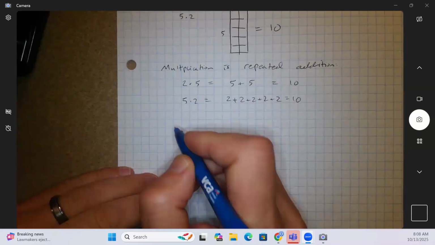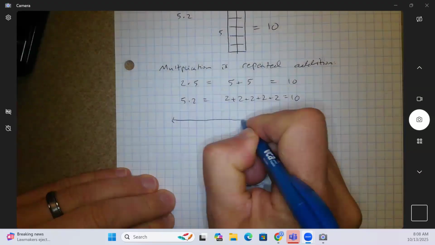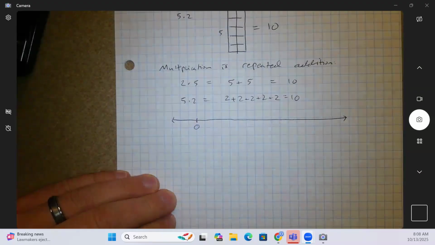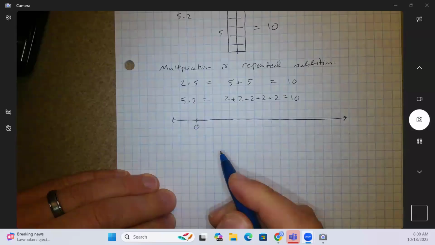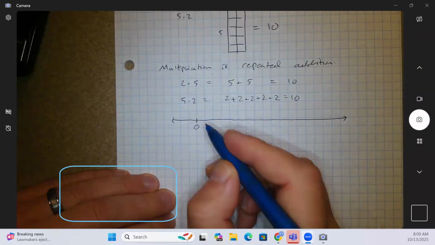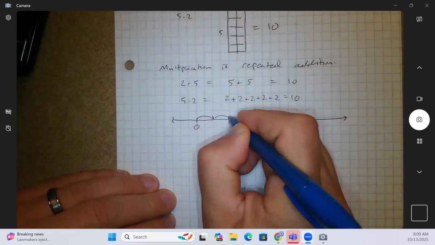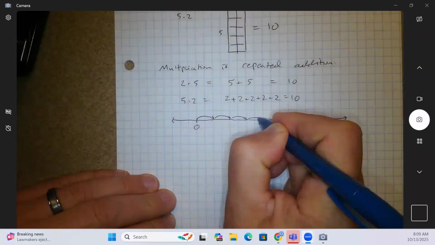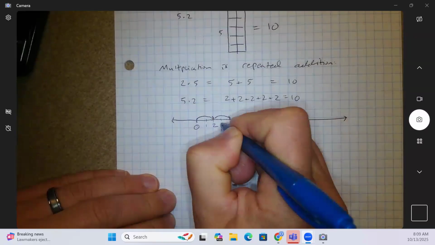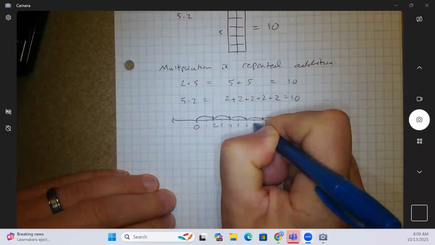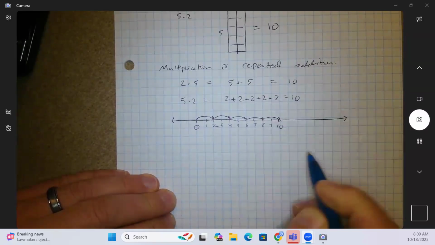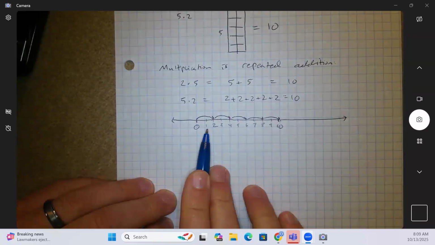So briefly on a number line, let's start here at 0. And let's do 5 times 2, which is 2 plus 2 plus 2 plus 2 plus 2. So what we do is our repeated addition 5 times. And that gets us to 10. I've heard this called skip counting.